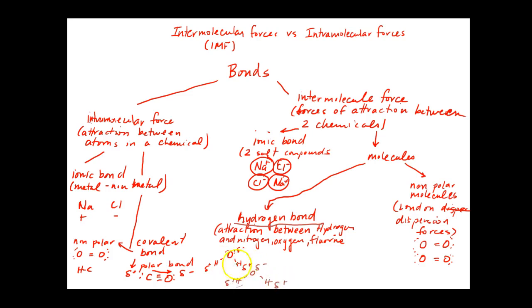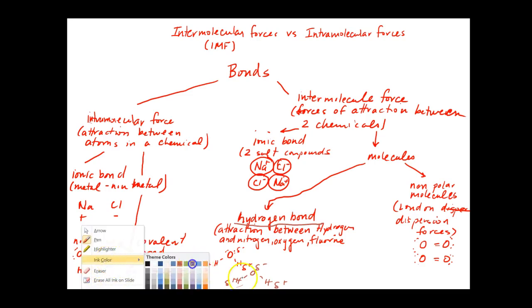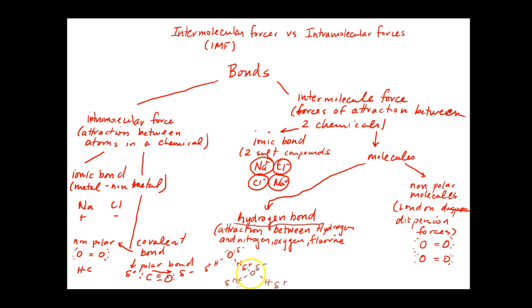So the hydrogen is going to be attracted to the oxygen side of a new water molecule. And remember, this is a hydrogen to oxygen attraction, and we call that attraction a hydrogen bond. They are not within the chemical, but between two chemicals.